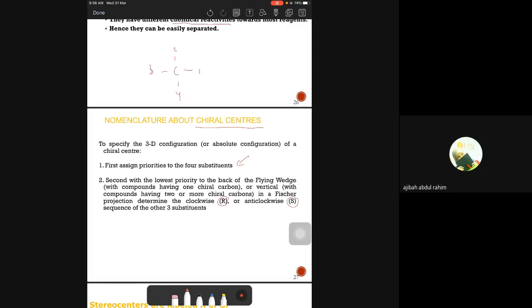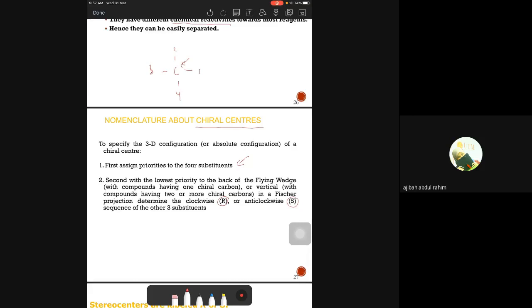So these 4 different atoms or group of atoms must be arranged in a priority. Okay, there must be a priority in which one will be number 1, which one will be number 2, number 3, and number 4. Because based on this, it is how you are going to determine whether it is R or S.